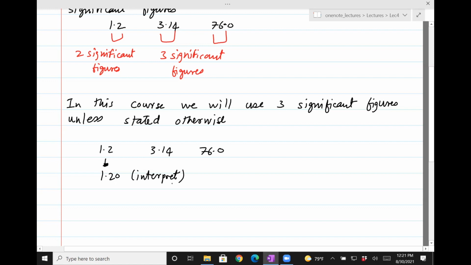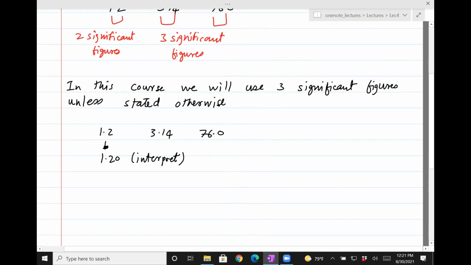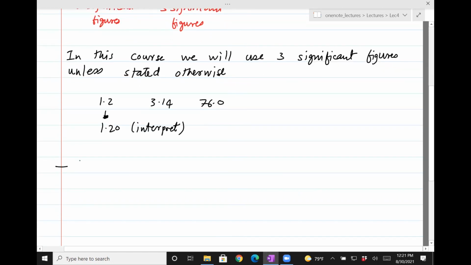Now, we are going to use three significant digits, but when you're doing calculations, you better be careful about how you do the calculations. You're not allowed to truncate significant digits to do calculations, because if you do so, then you'll end up with errors. The significant digits is only to communicate the final answer. So let me just put it down and show you this with an example.